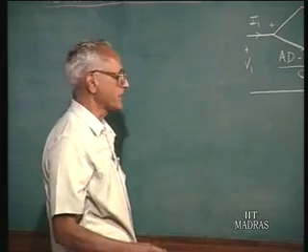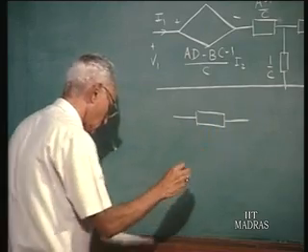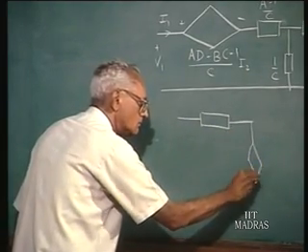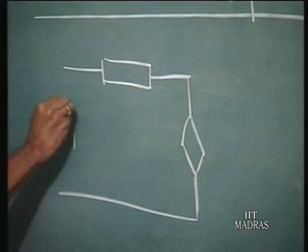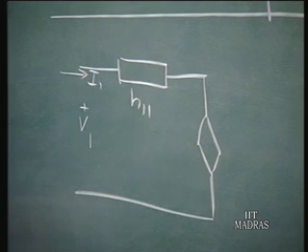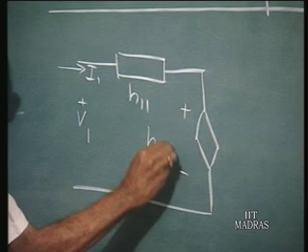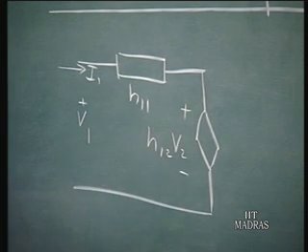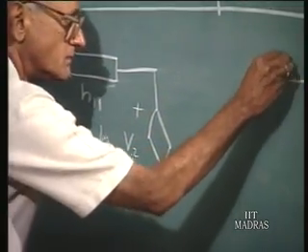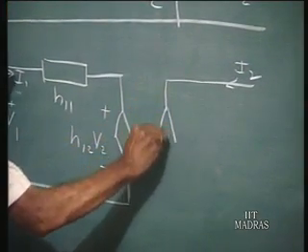In the case of H parameters, the equivalent circuit would be like this. We have V1 equals I1 times H11, that is an impedance, plus H12 times V2. So it's a dependent voltage source, which depends on the value V2, and H12 is a dimensionless factor. On the other hand, the current I2 will be H21 times I1.